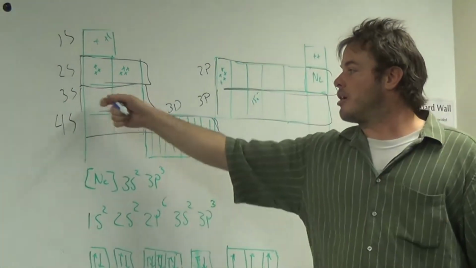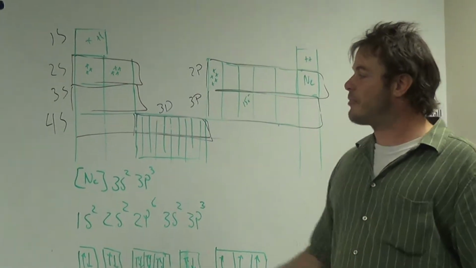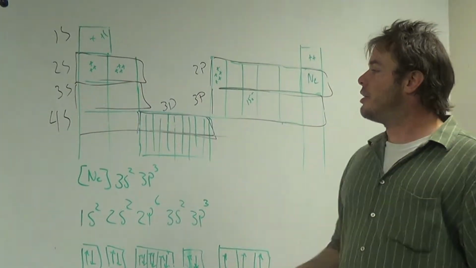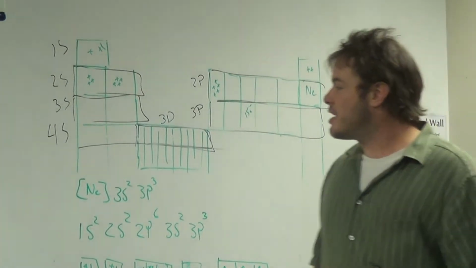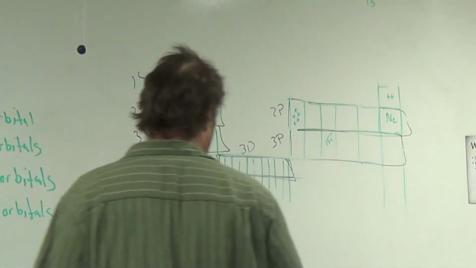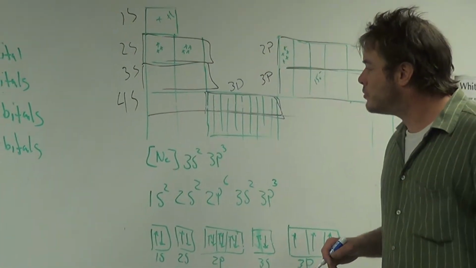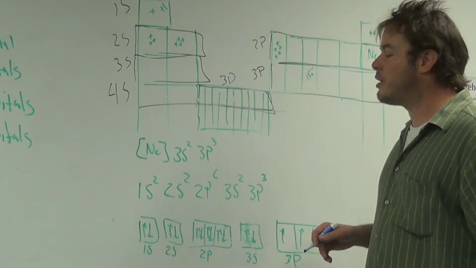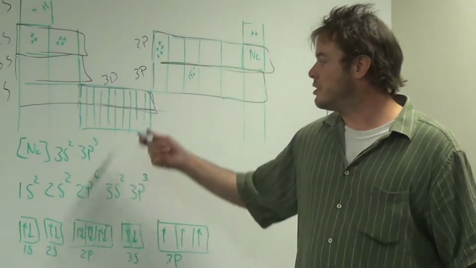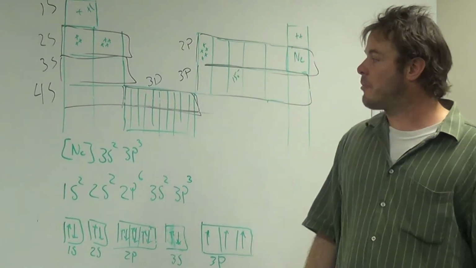So our 3s orbital is filled, our 3p orbital is filled, and now we're filling our 4s and our 3ds. Let's say that we have 11 electrons to fill across this period.